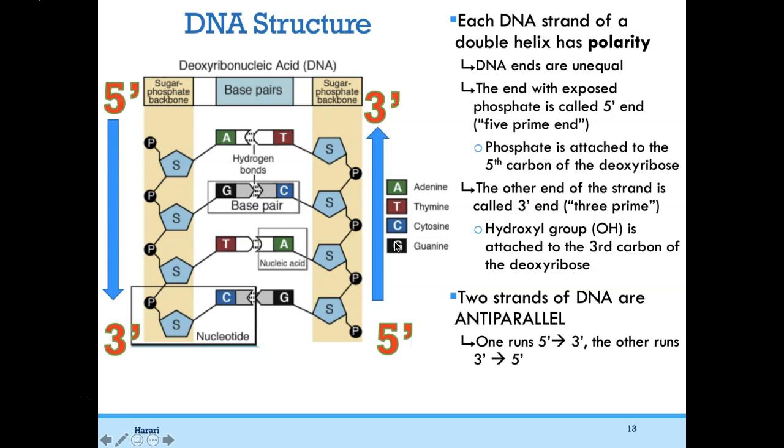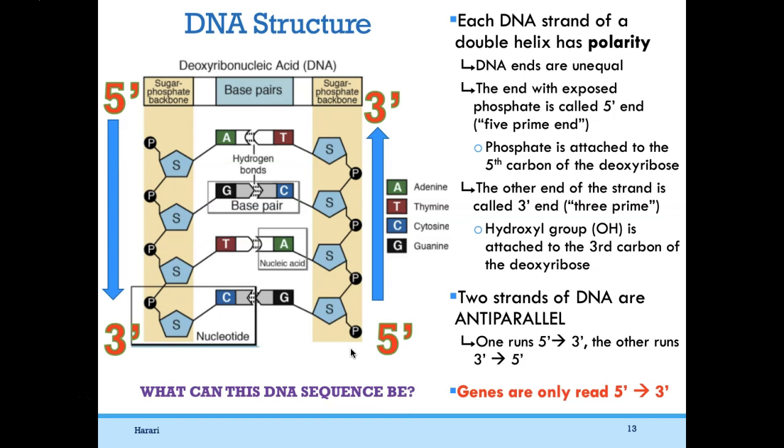The other runs 3' to 5', right? 5 to 3, 3 to 5. However, genes are only read 5' to 3'. I'm going to repeat this a few times. This is really important, right? Information stored within DNA must always be read in the 5' to 3' direction.